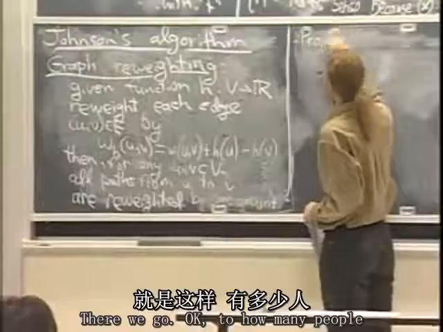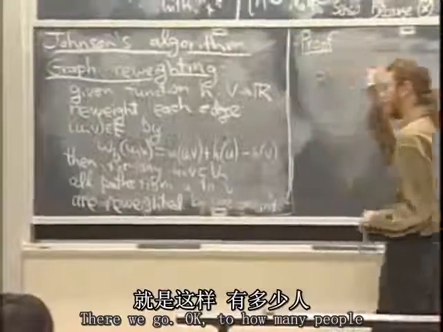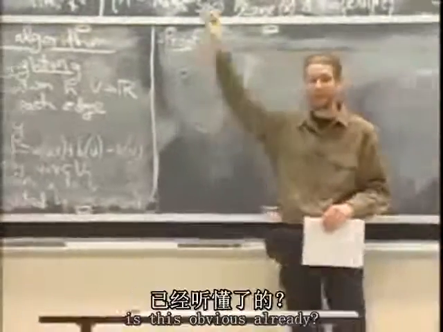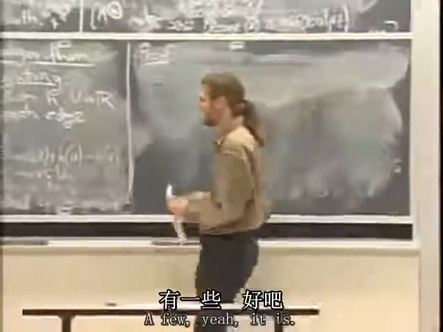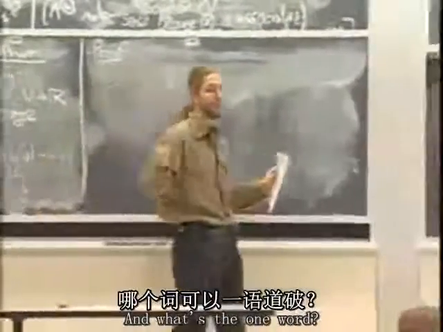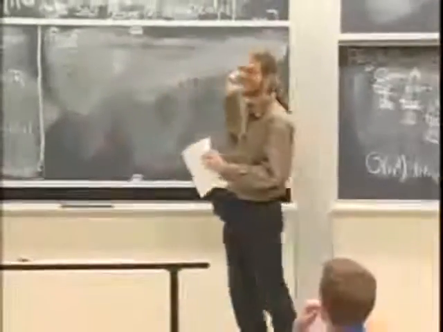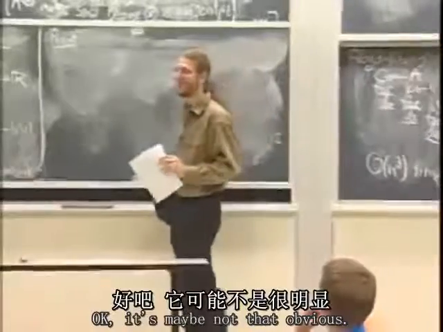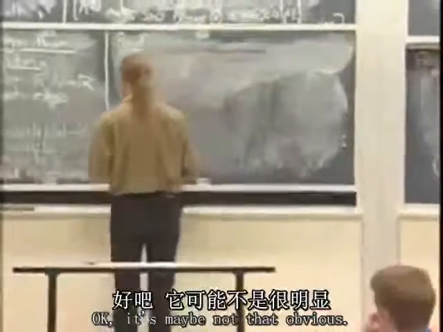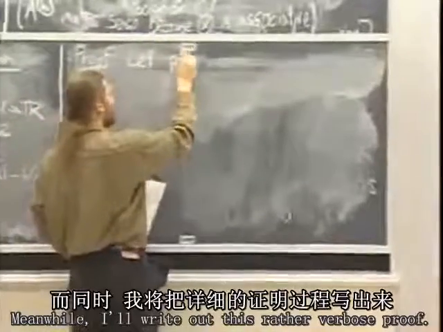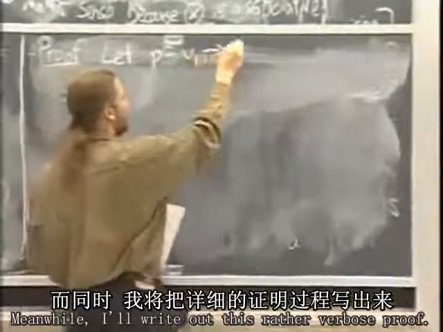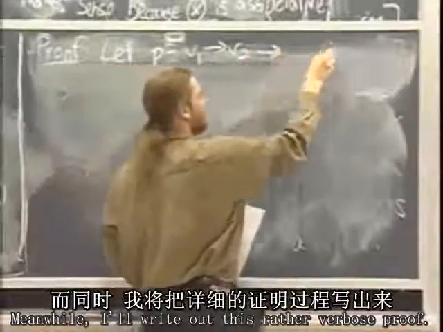How many people is this obvious already? A few, yeah, it is. And what's the one word? Okay, it's maybe not that obvious. All right, shout out the word when you figure it out. Meanwhile, I'll write this rather verbose proof. There's a one-word proof.